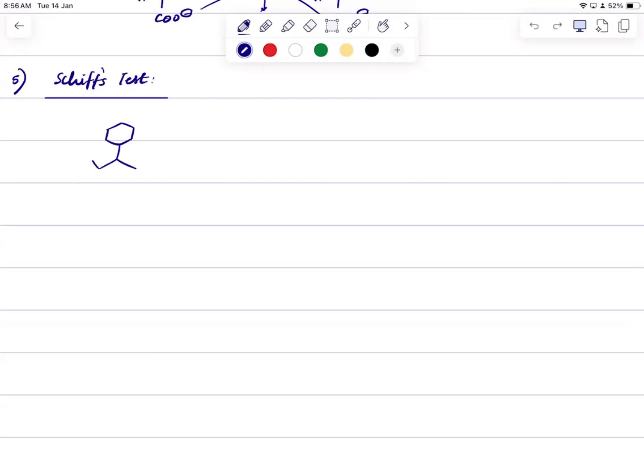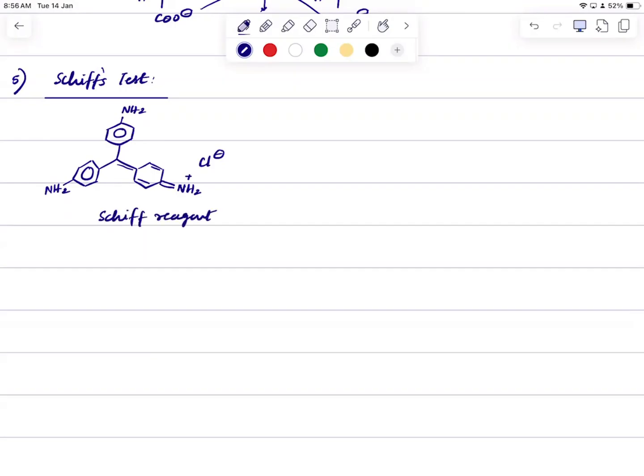Please make sure you know that there are three phenyl groups. This phenyl group has NH2 on top, this also has NH2 on top, and this is in a non-benzenoid form, with plus and Cl-. Now this is the Schiff reagent.